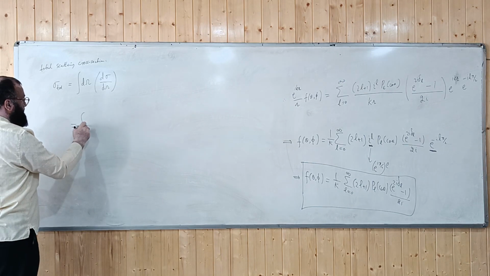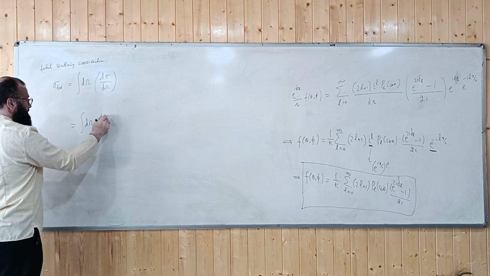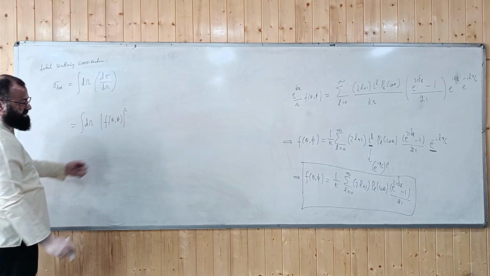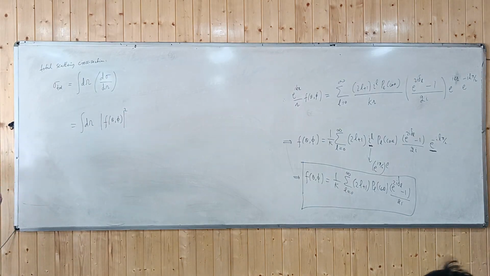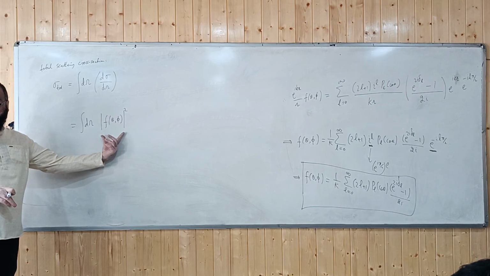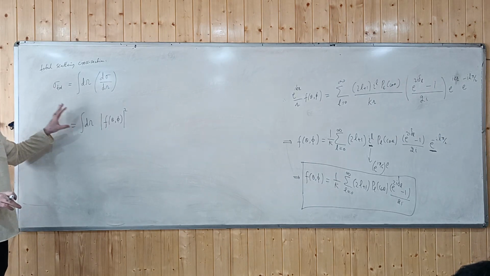What is our dσ by dΩ? It's actually the magnitude square of f of theta phi. Now you see there is no phi dependence. Is there a phi dependence in that? So you can put simply f of theta. Clear? Okay. So I need to calculate the magnitude of this thing, magnitude square. Everybody followed it? Yes.